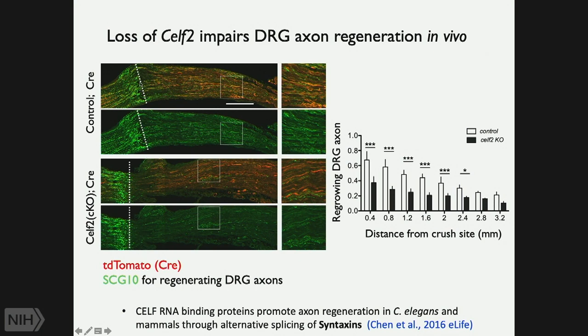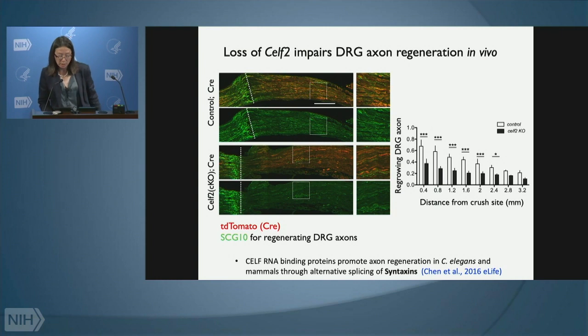The regenerating axons following the crush in the sciatic nerve are marked by SCG10, which is also stathmin 2. In the wild type, following this crush, the peripheral nerve regenerates quite well, whereas on losing CELF2 there is reduced regrowth. In combination with eCLIP to look for splicing targets, Li then identified a series of targets of CELF2, which included synaptic transmission genes such as syntaxin.